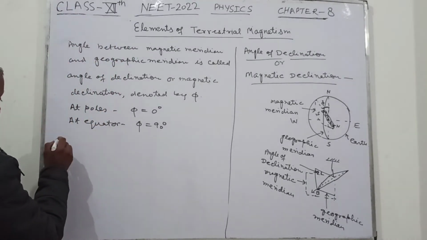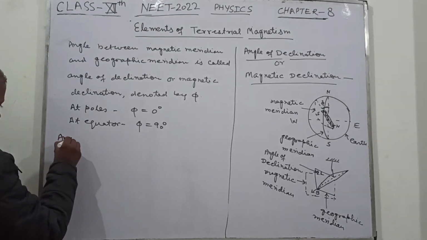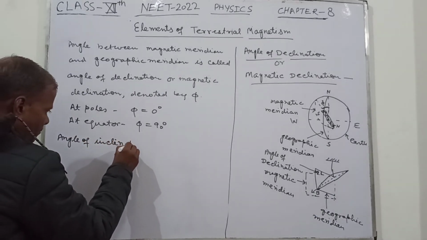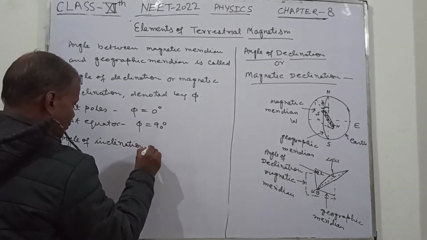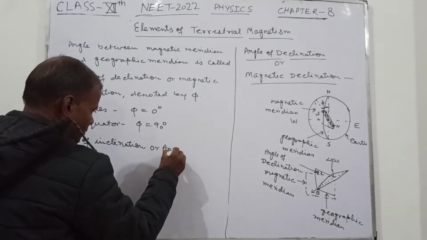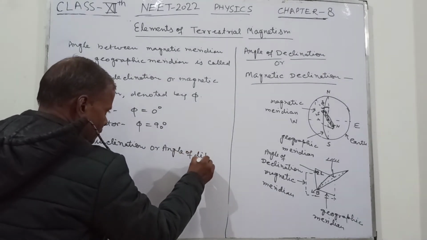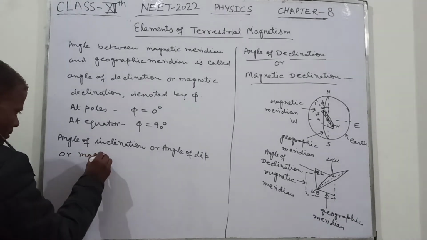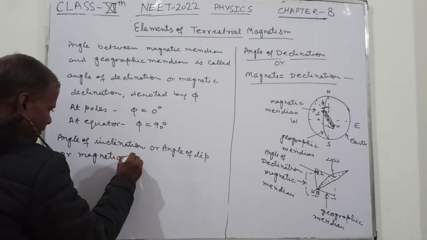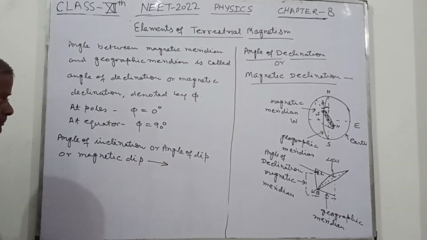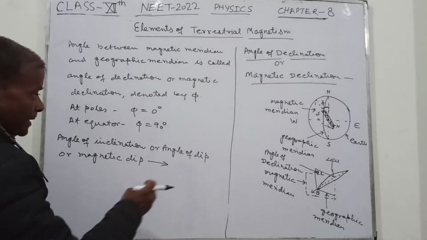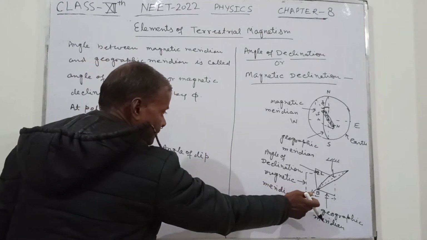Now the second angle is the angle of inclination, or angle of dip, or magnetic dip. Three names are given to this one. First I would like to visualize this, the same figure as we have here.